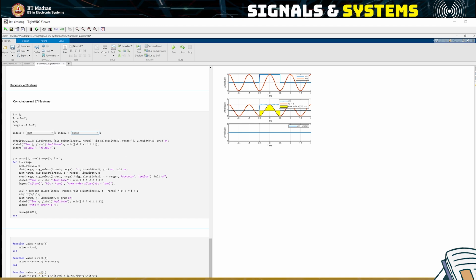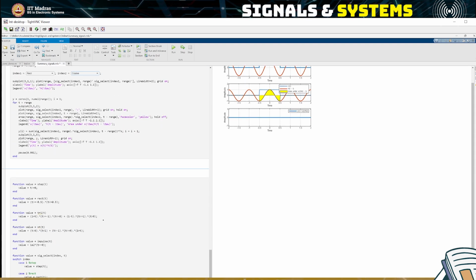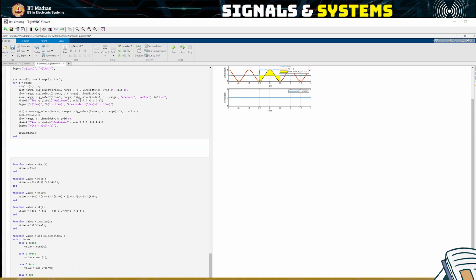What if the period of the cosine signal was not equal to the window size or the rectangular signal size? If we change that, then we should see a non-zero signal at the convolution's output. Let's see if that happens. So I'm going to change the period of the sinusoid.